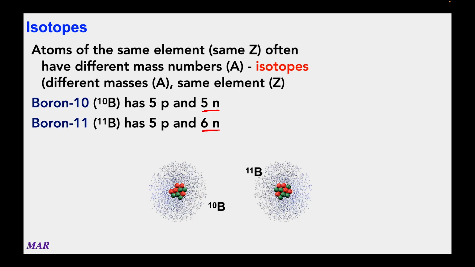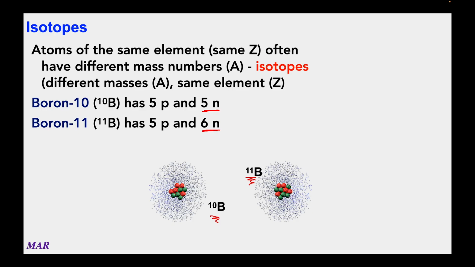And isotopes are really important. So down there below, you can see here's boron 10 that we looked at earlier, no problem. And this is boron 11. So boron 11 still has those 5 protons because it's boron. But if it has a mass number 11, then 11 minus 5, it must have 6 neutrons. So you can always find the number of neutrons.